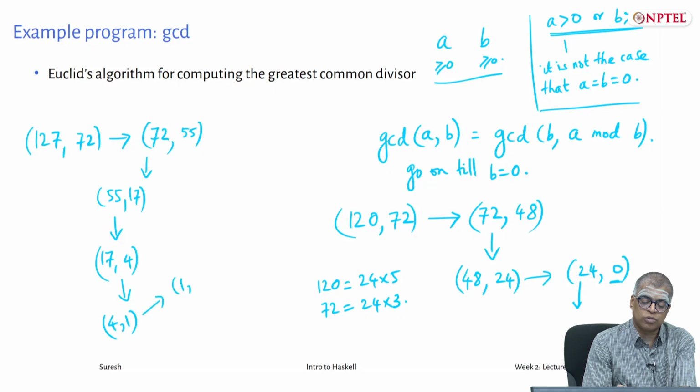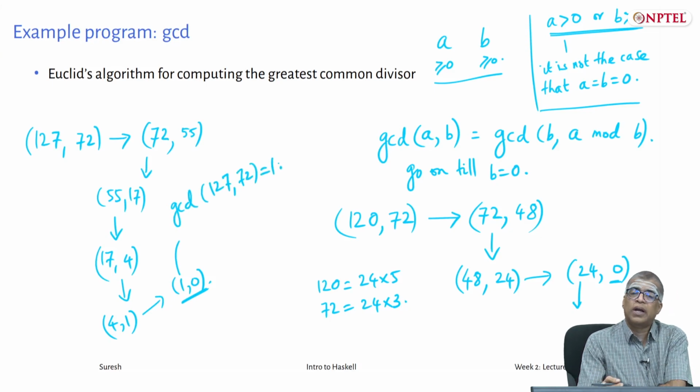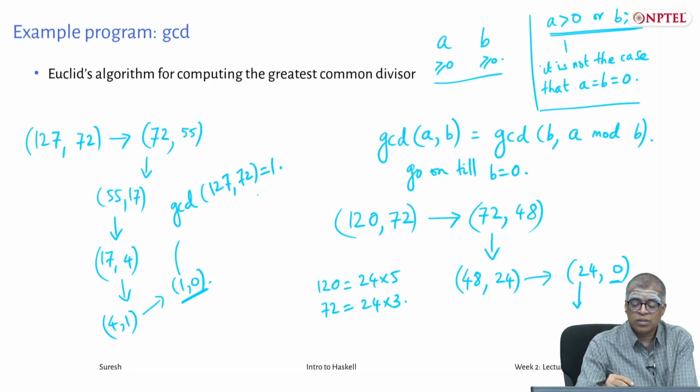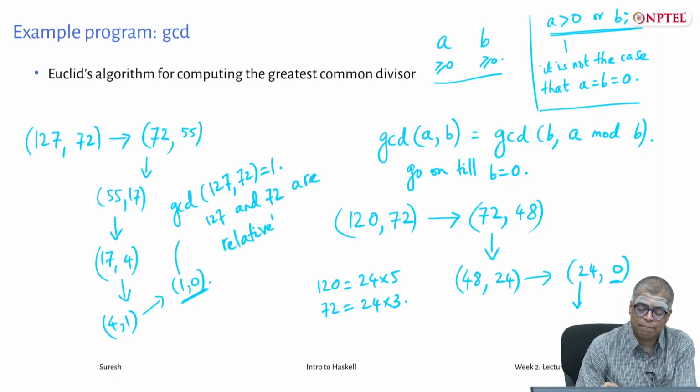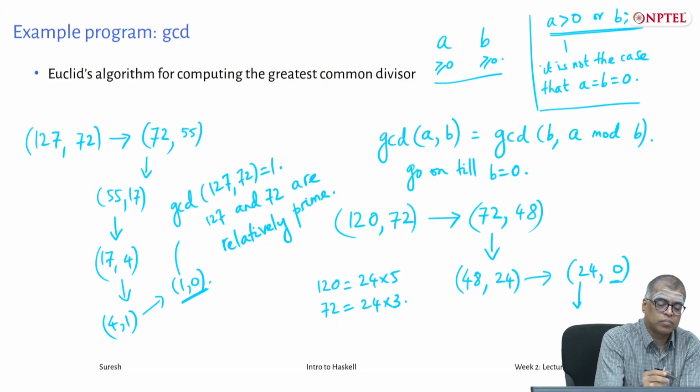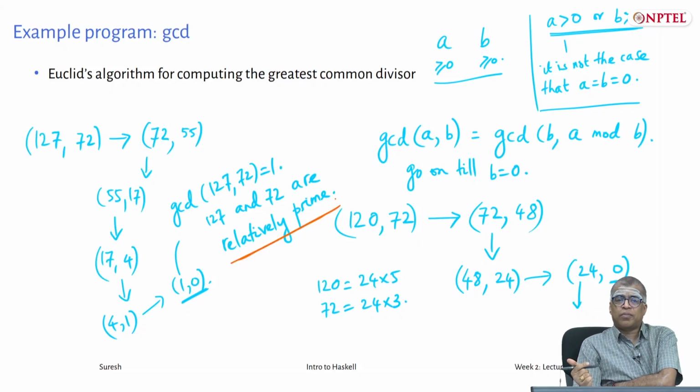From here I will go to 1, 0. So, 1 is the GCD. Indeed, and in such a case you will say that 127 and 72 are relatively prime. Right. So, these are things that you recall from high school.